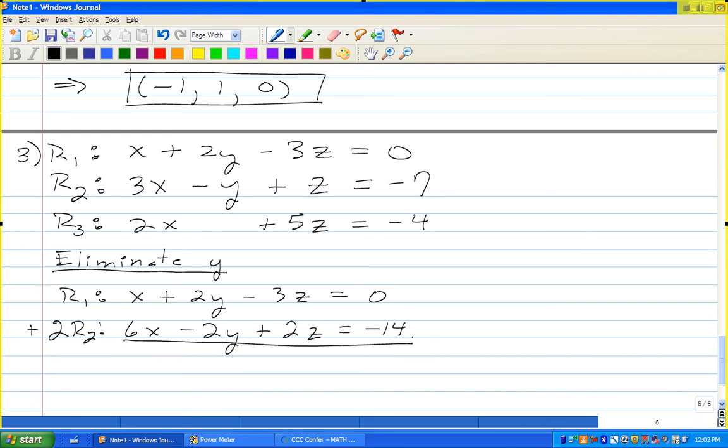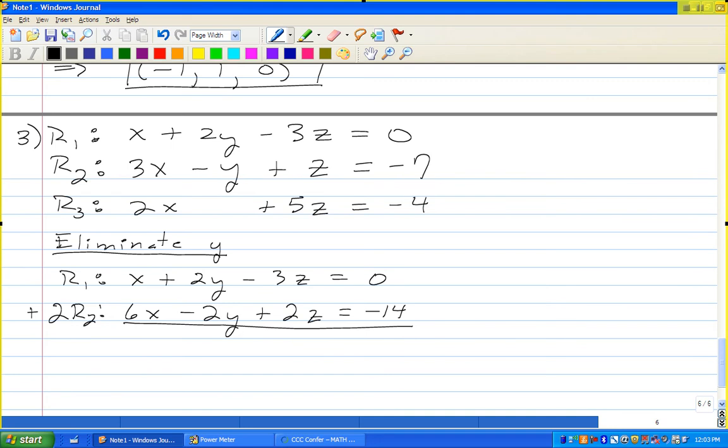So if I do that, what I notice is that the y's are going to cancel. And so if I use that new equation along with the third equation, then I'll only have two equations and two unknowns. And that's quite preferable. Okay, so let's do this.